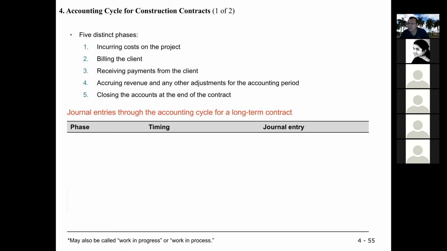Let's take a look at what the journal entry looks like. For incurring cost, what's the journal entry? Can anyone tell me? When you incur the cost, what do you debit? What do you credit? Construction in progress would be one of them, wouldn't it? Do you debit or credit?